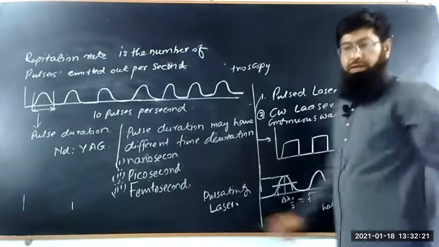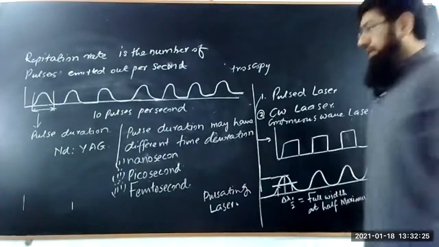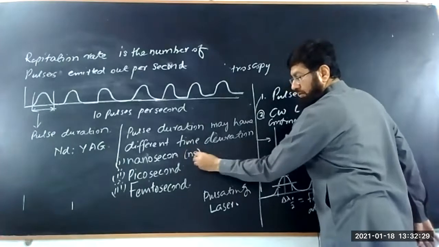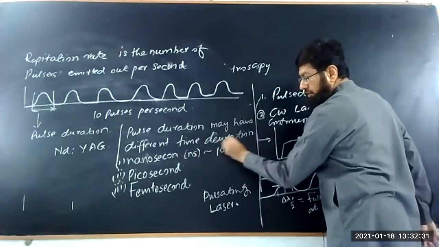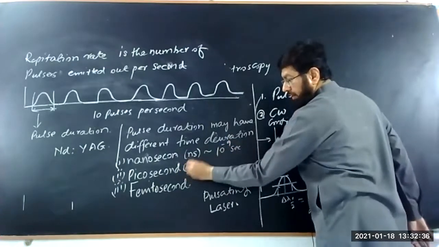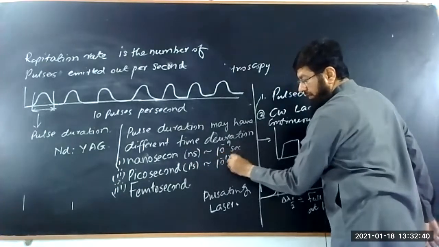So here, the nanosecond laser is known as ns. This is the symbol, and its duration is 10 raised to the power minus 9 seconds. And picosecond is called ps. It is 10 raised to the power minus 12 seconds.